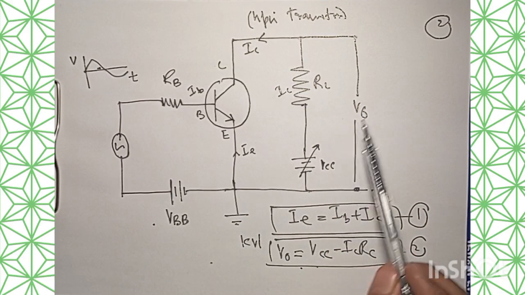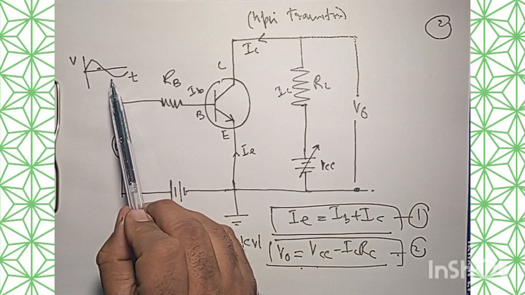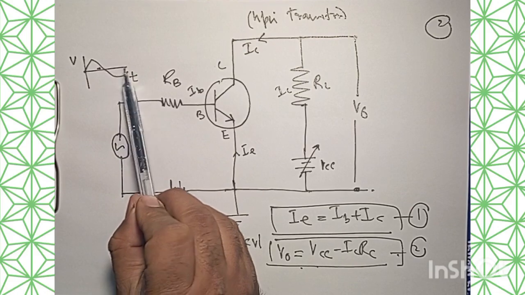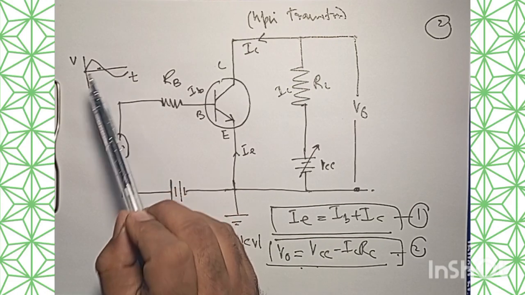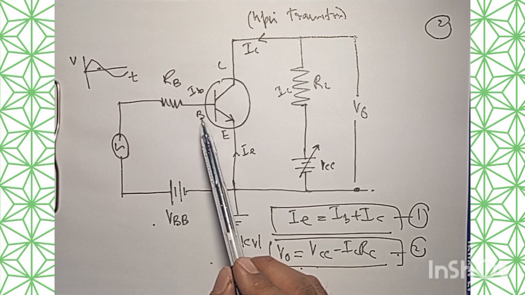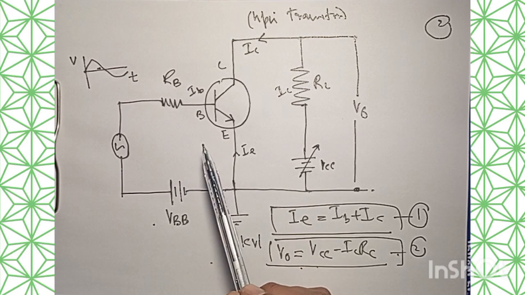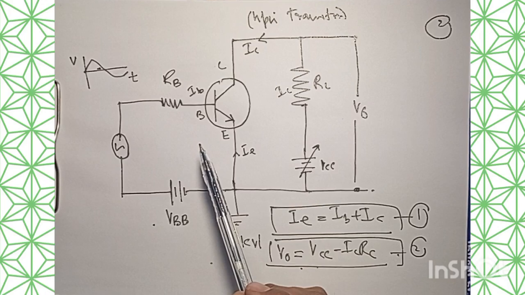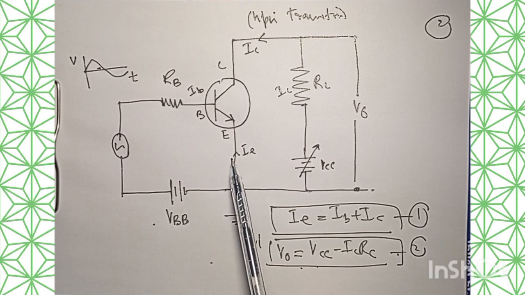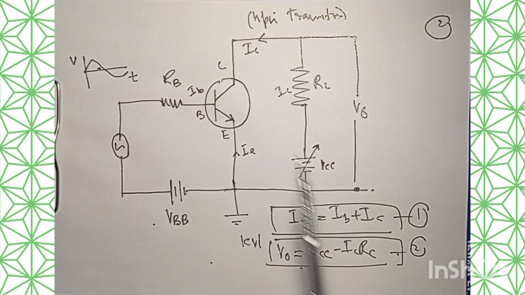Now, similarly, let's do the same experiment for the negative cycle. During the negative half of the cycle of the input signal, the forward biasing of the emitter base junction is going to decrease. As a result, the emitter current and hence the collector current will decrease.